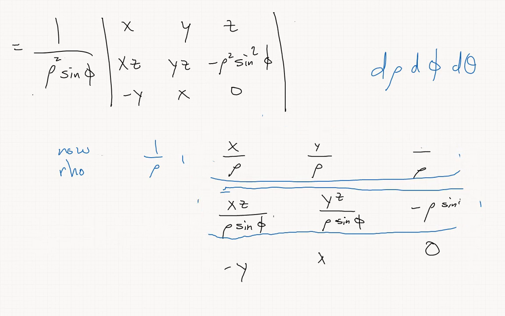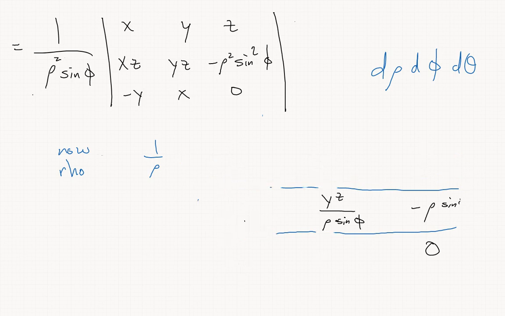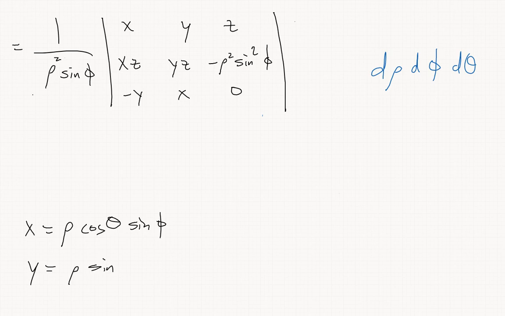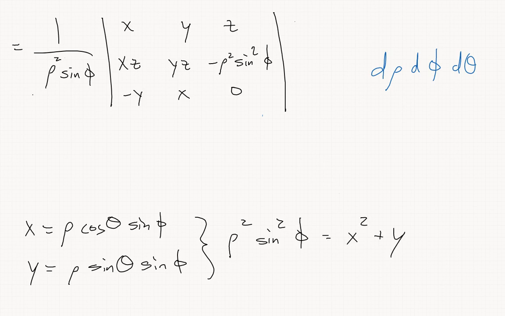Now this is almost all in xyz coordinates. But remember, since x is rho cos theta sine phi and y is rho sine theta sine phi, we have that rho squared sine squared phi is equal to x squared plus y squared.